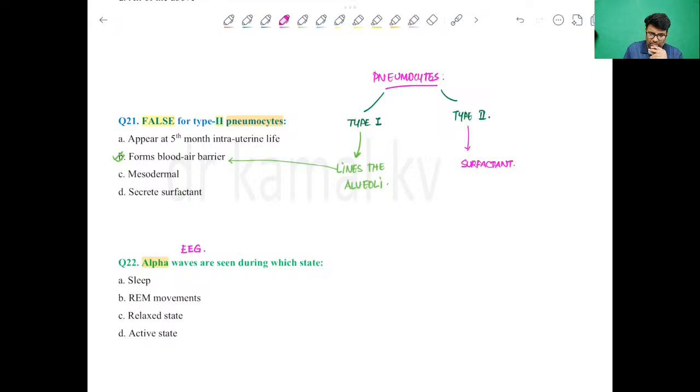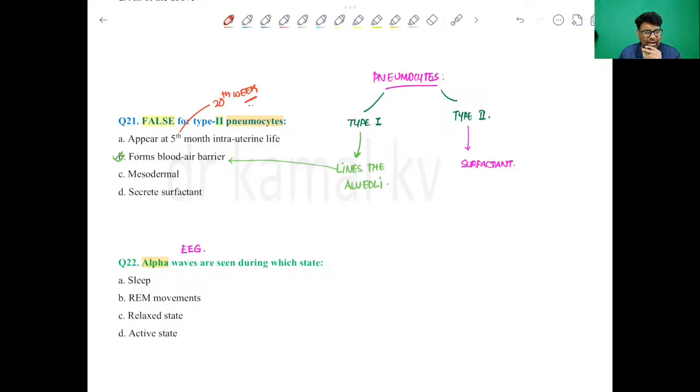Zaim, this is around 20th week, right? So more or less we can take it, no problem, but option B is absolutely against the main function, right?